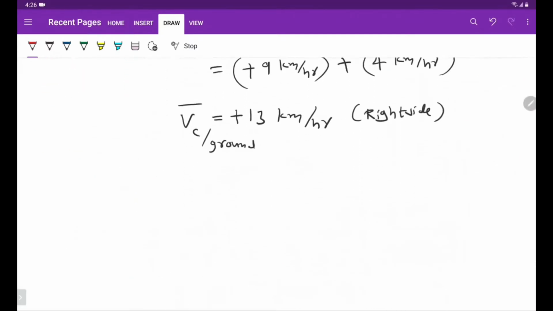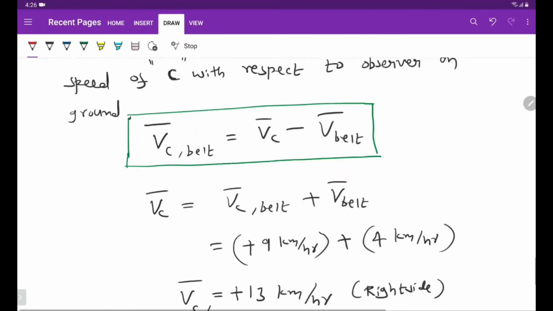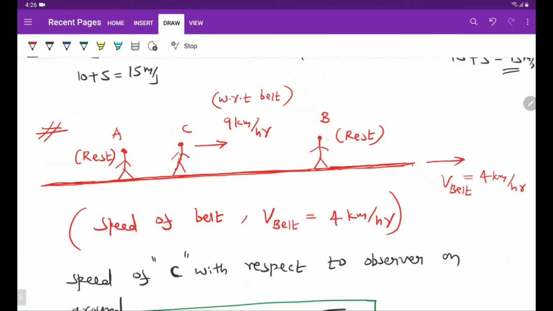Find the time taken by C to travel between A and B. So how much time does person C take to walk from A to B?